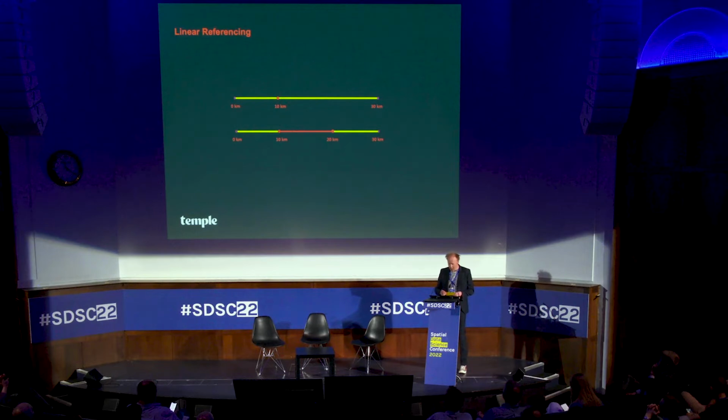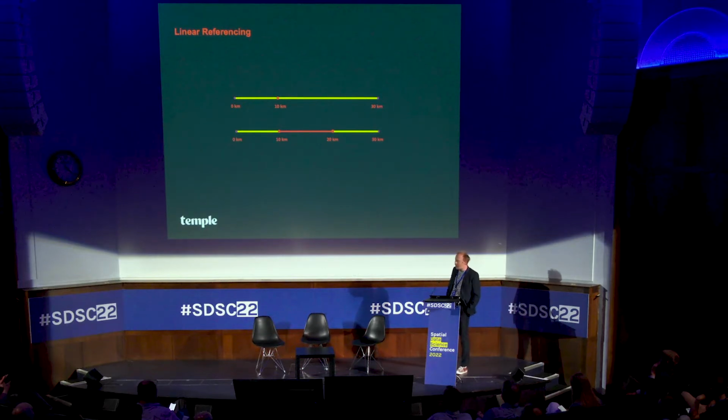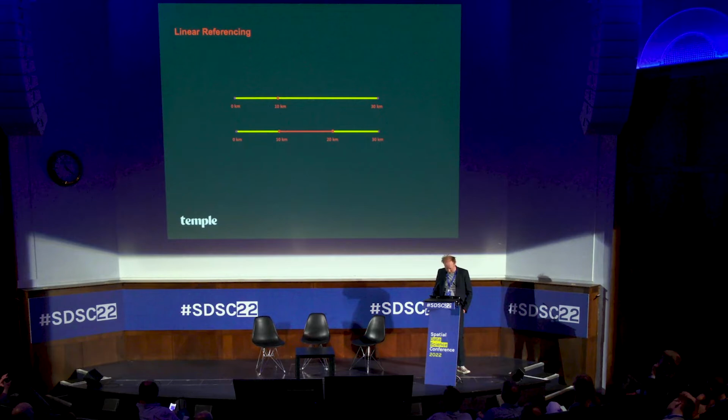So we can locate features along a linear entity, and this might be something associated with that linear entity, or it might just be something that happens to be close by and interact with it. Or it could be a property of that linear entity. And we can use these distance measures to locate these things.